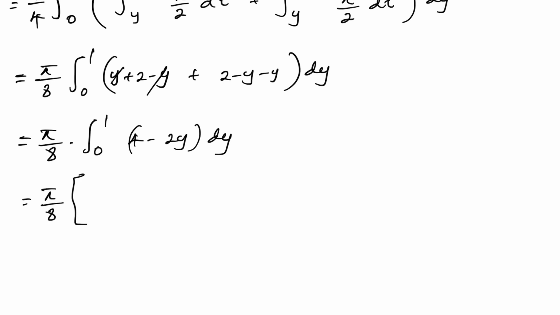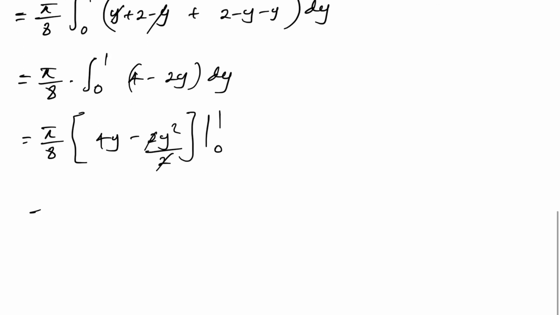Now we have 4 times y minus 2 times y squared over 2, and these 2 get cancelled. Limit from 0 to 1, so if we apply the limit we have 4 minus 1, which is 3, so 3 times pi over 8.